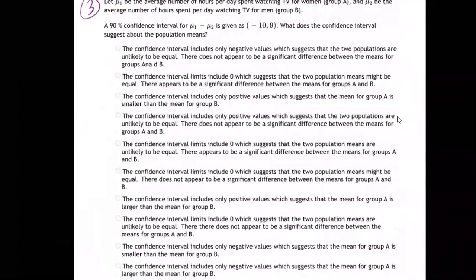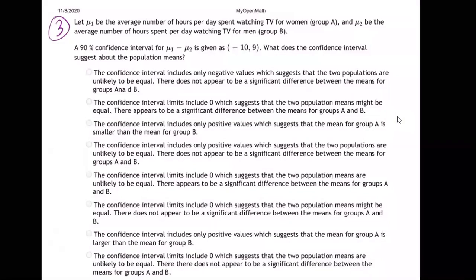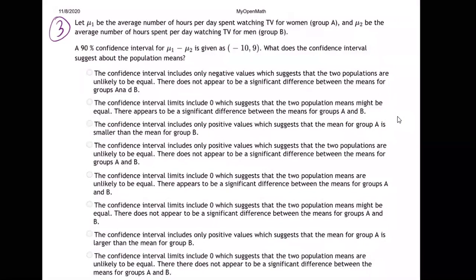So let's go look. Now, I put even a few more words in there. Let's take a look. So what are we getting on this one? We're getting negative and positive. So let's read through. Only negative? No way. Include 0? Yeah, it does, right?